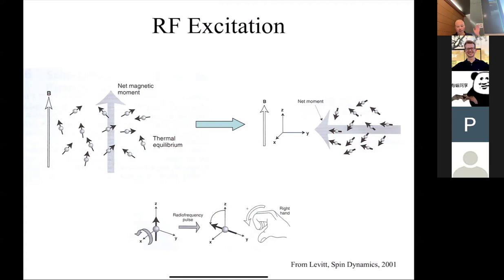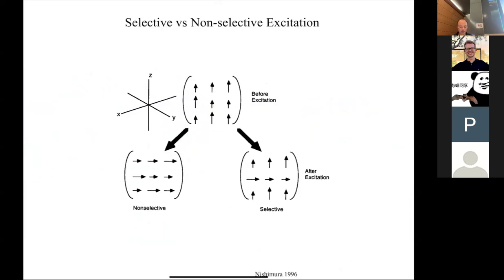If you remember back to many lectures ago, RF excitation was the process of taking our magnetization and flipping it away from its equilibrium position. By doing a 90-degree pulse, remember, we're flipping the magnetization here. Previously we talked about flipping all the magnetization everywhere, and that's called non-selective excitation. So that's what it looks like.